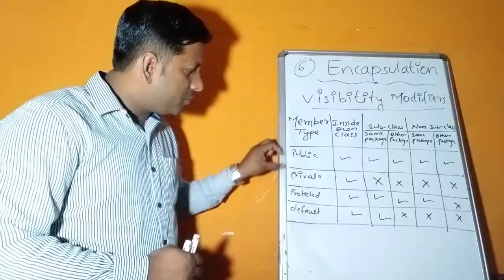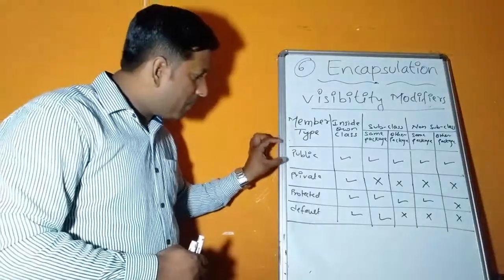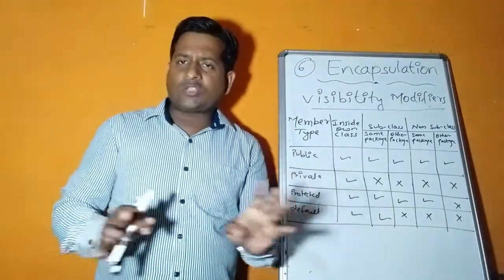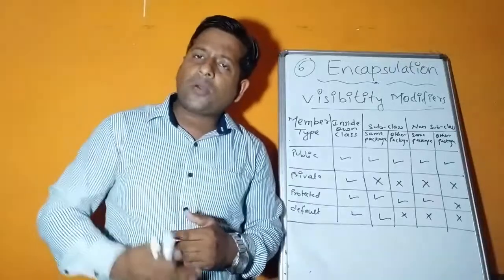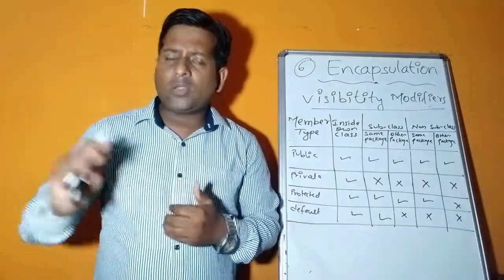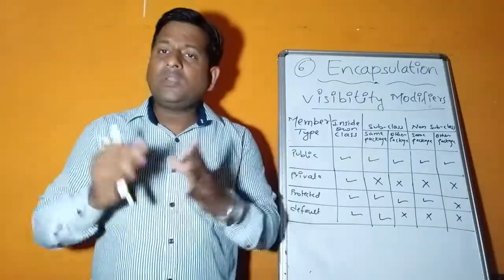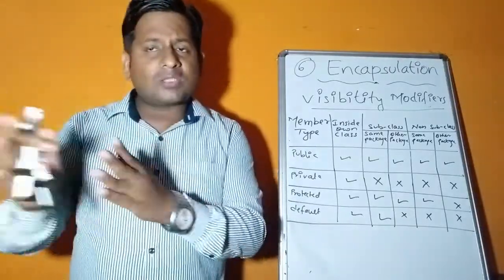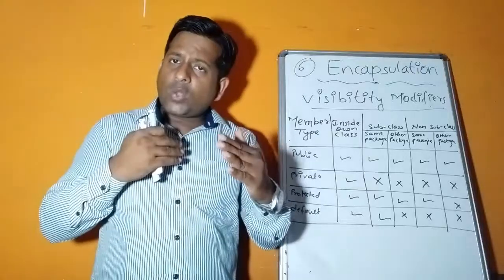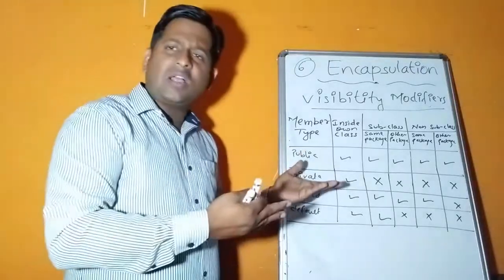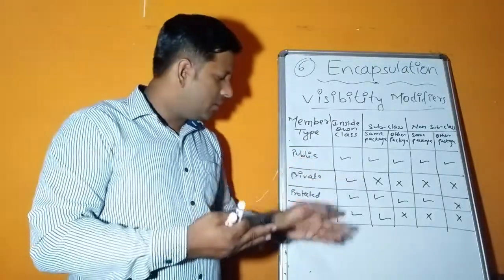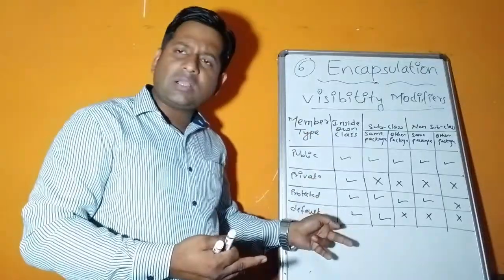So see here, from here what you come to know is that public has no restrictions. It can be accessible from any part, anywhere in the program. That's why we write public static void main. Even the class name you can give as public class P1. But since we are working with a single class, we give directly class P1 only, because that is accessible in on class.